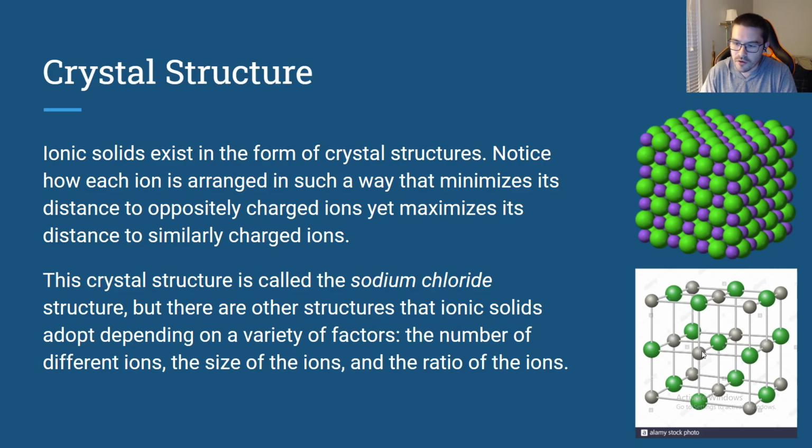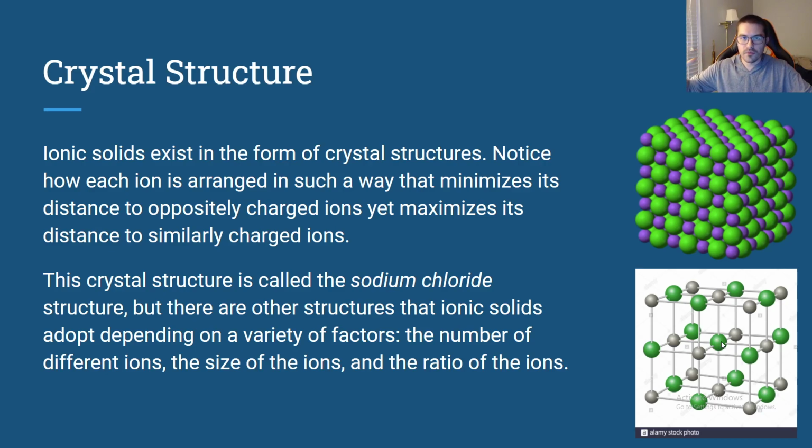If I come out here, that's a positively charged sodium. Over here, positively charged sodium. Here, positively charged sodium. And then up and down, positively charged sodiums. So this green guy, the negatively charged chloride, has 6 neighboring sodium ions that it is closest to. And if this were to be replaced by a sodium, then it would be surrounded by 6 chloride ions.